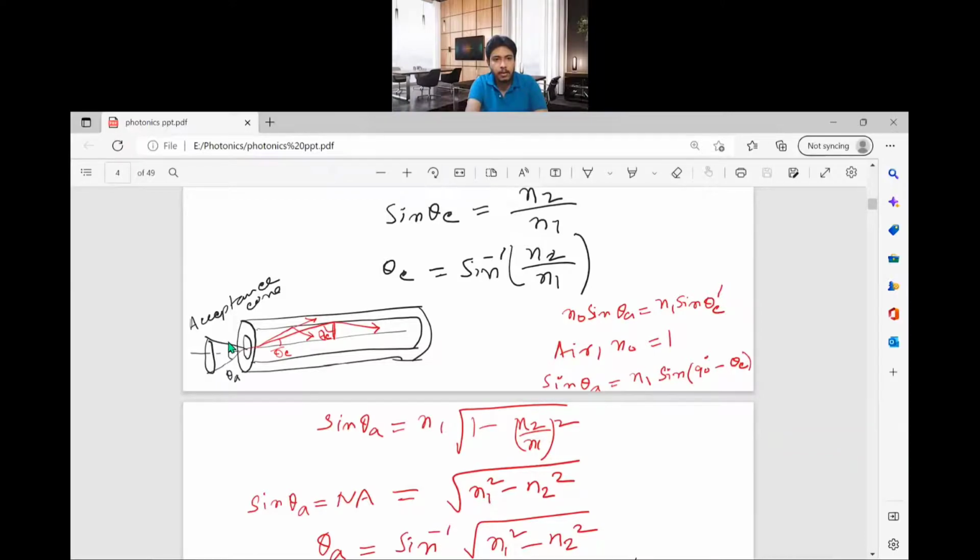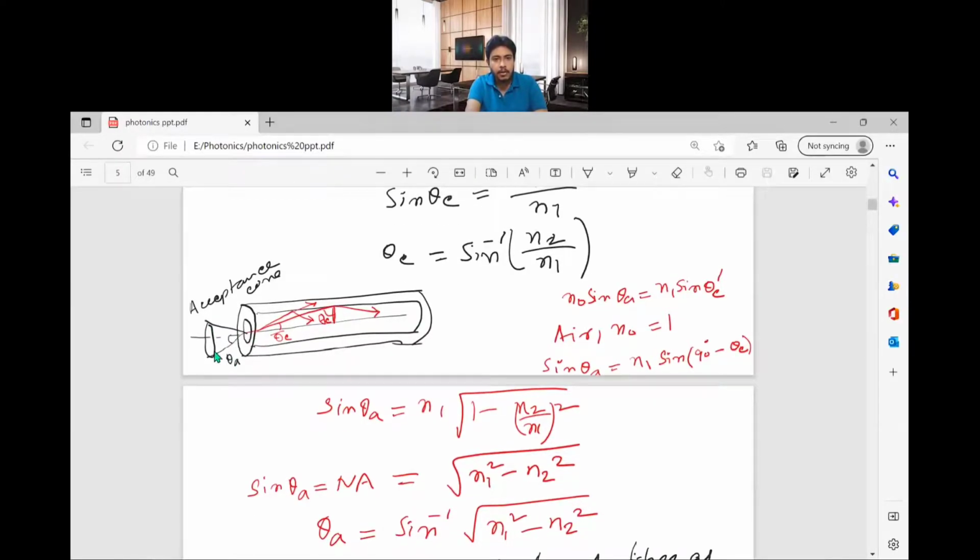Now, if we consider a cone of this type, this is the incident ray, the incident beam at the optical fiber input, making angle theta A. Again, it will be refracted through this core-cladding interface, making an angle, say, theta C bar. So theta A is the input angle and theta C bar is the refracted angle.